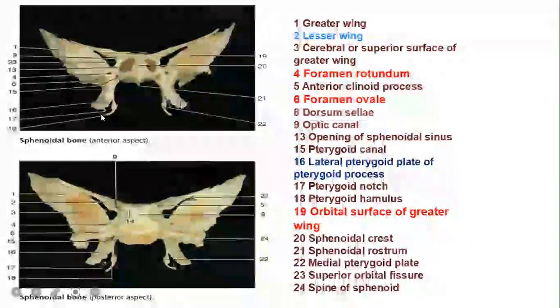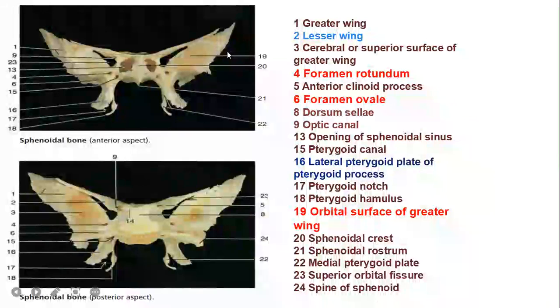18 is the pterygoid hamulus, and then 19, which we've been able to describe, is the orbital surface of the greater wing. Then 20 is the sphenoidal crest. 21 is the sphenoidal rostrum. So we've been able to identify that from the other image. Then 22 is the medial pterygoid plate as said.